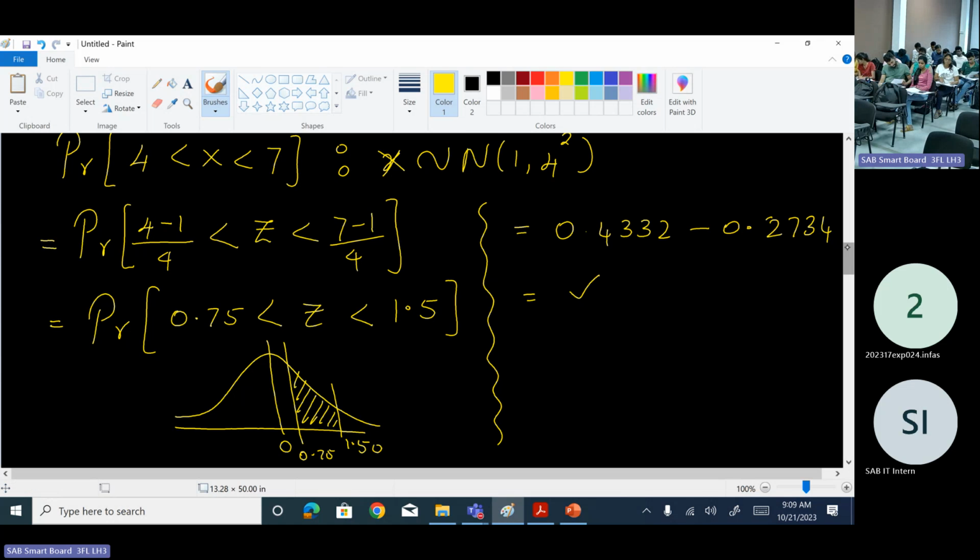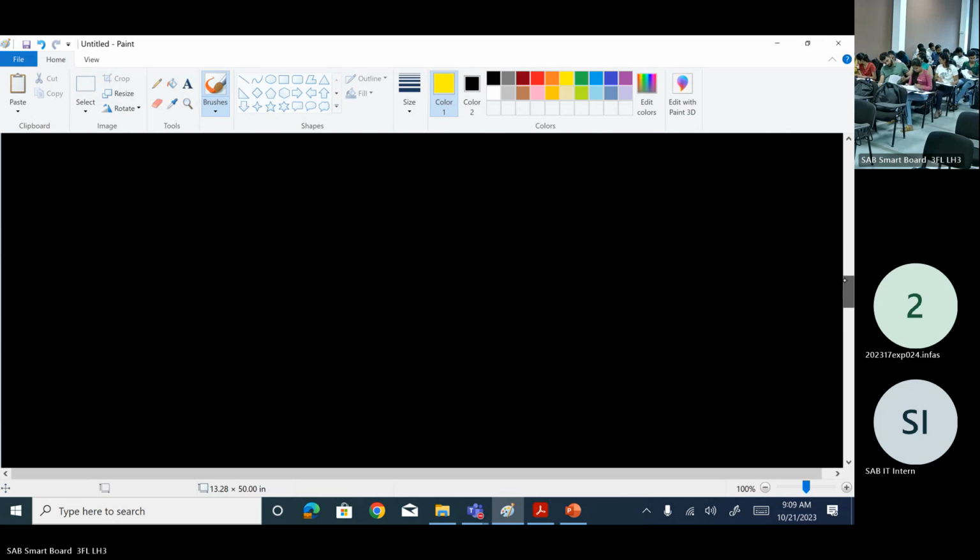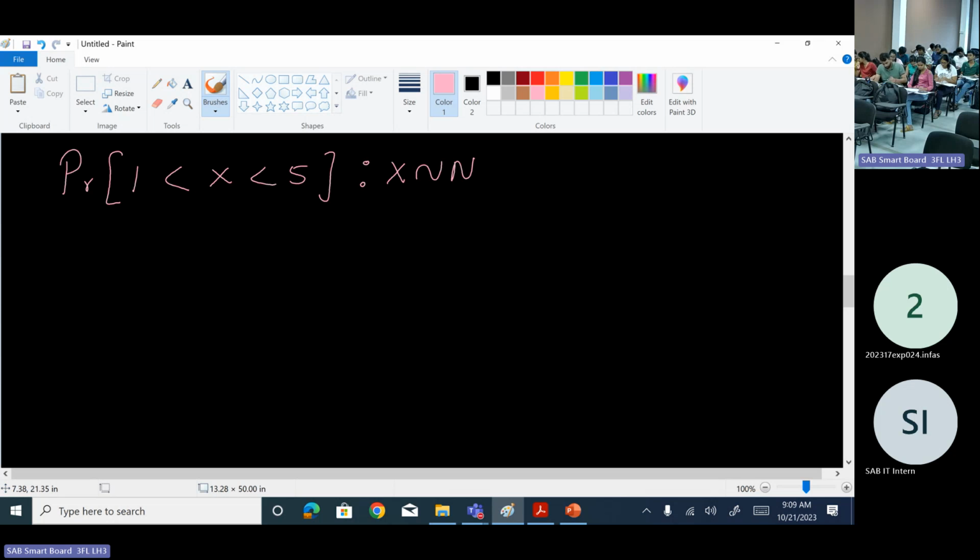Last example. Probability 1 less than x less than 5, and x values normal with 8 and 5.